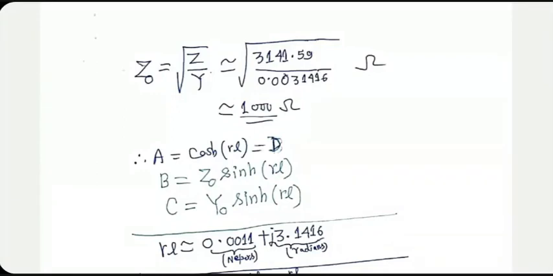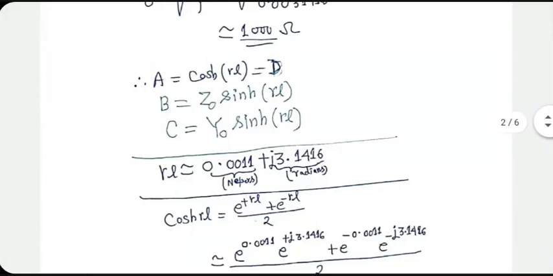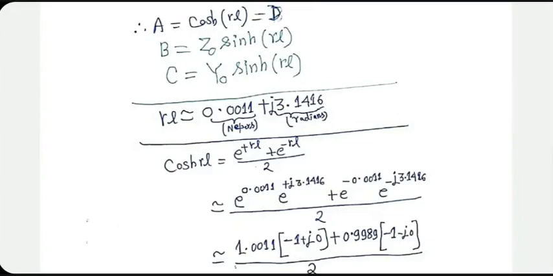Now, how do you calculate cosh of a complex number? That is the essential point I'm trying to discuss right now. Calculations can be done once you know how to handle them. Gamma L will be alpha L plus j beta L. So cosh gamma L will be e to the power gamma L plus e to the power minus gamma L, divided by 2.